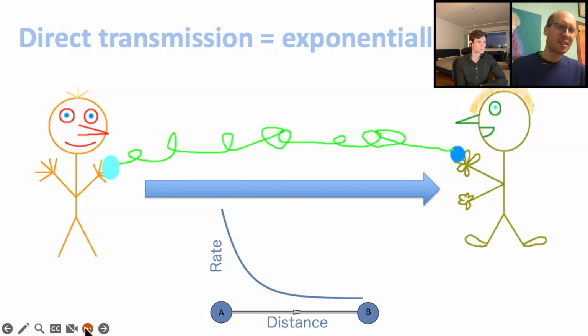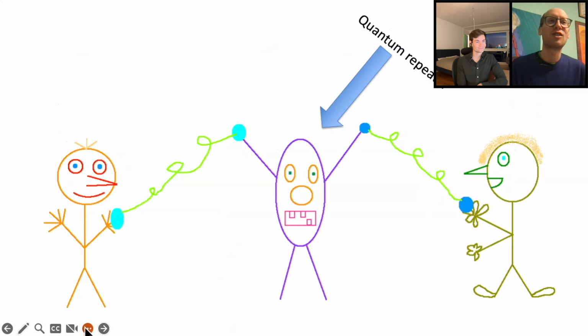So the idea of a quantum repeater is a device that you put in the middle that enables you to split this end-to-end communication into shorter distances. Then the quantum repeater enables you to independently generate the entanglement between, say, Alice and the repeater, and the repeater and Bob.